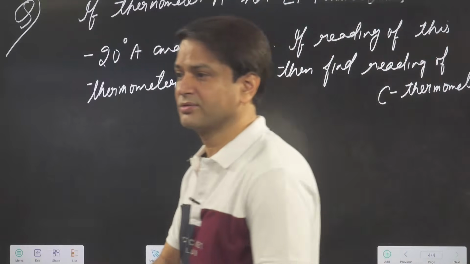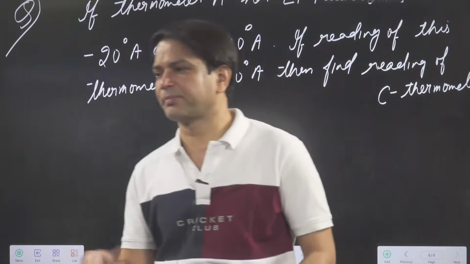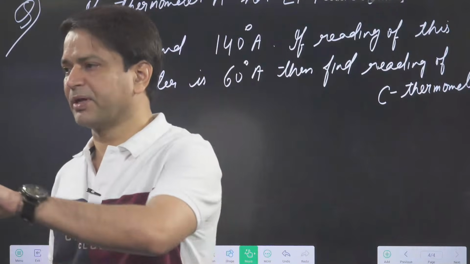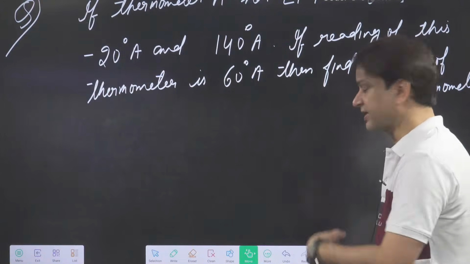Most of the students are getting the answer 50. So here I am using the two reference temperature in the A also. So for the given temperature, I will equate the TSI of A, and I need the answer in Celsius, so I will use the TSI of Celsius.